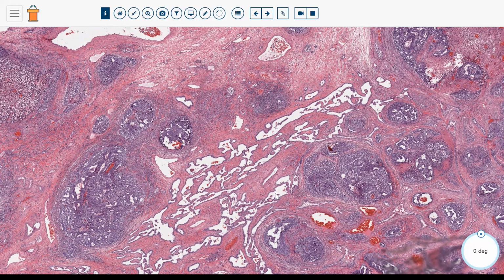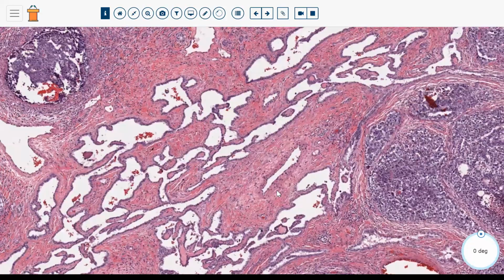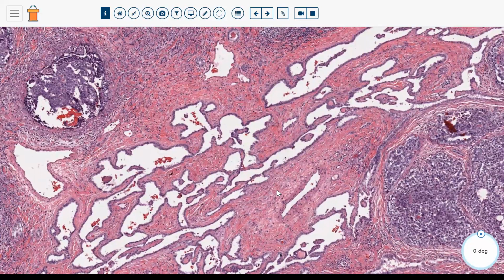And so in this field, also you can see the involvement of the rete testis, like I mentioned earlier. So here, this kind of interconnecting glandular structure is the rete testis, which is a network of ducts which connect the seminiferous tubules to the epididymis and to the drainage system of the testis.